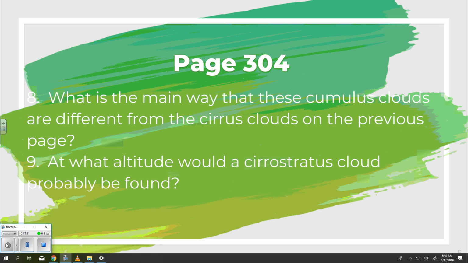On the right, under prefix, alto. Example, altostratus. On the left, high. In the center, above 6,000 meters. On the right, cirro. Example, cirrocumulus.